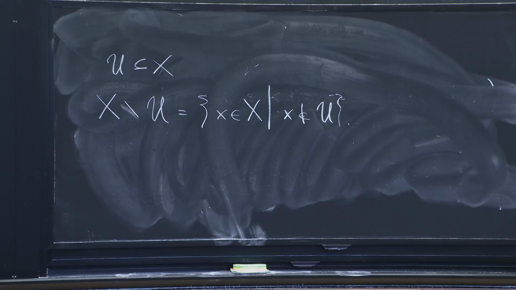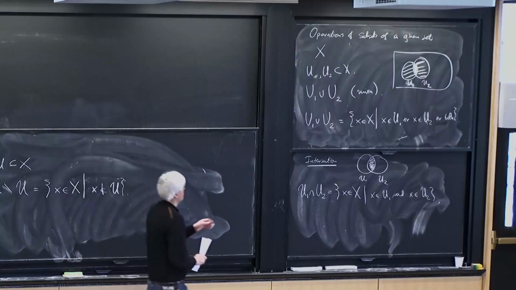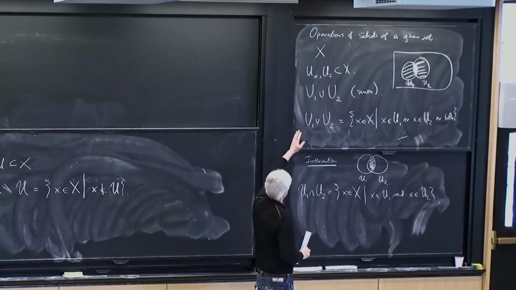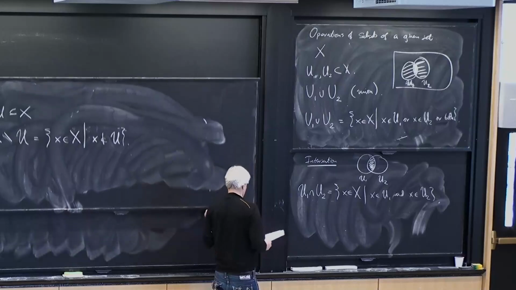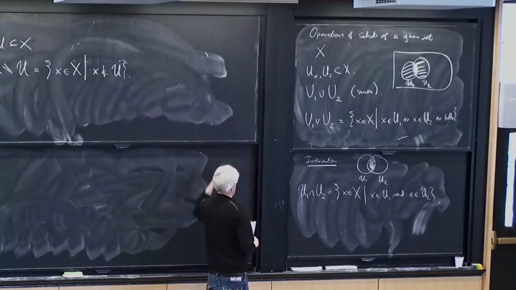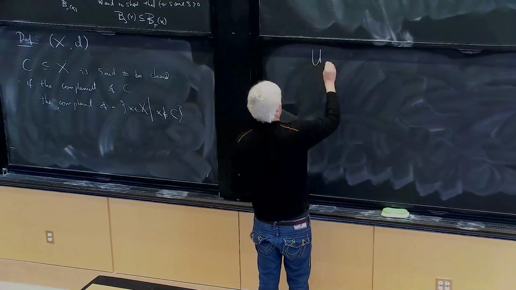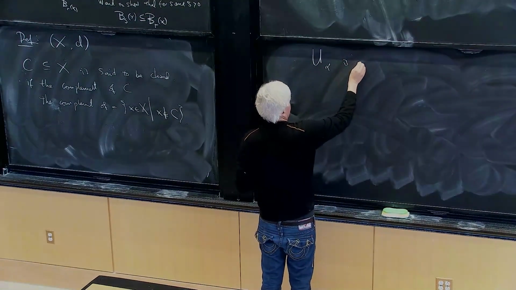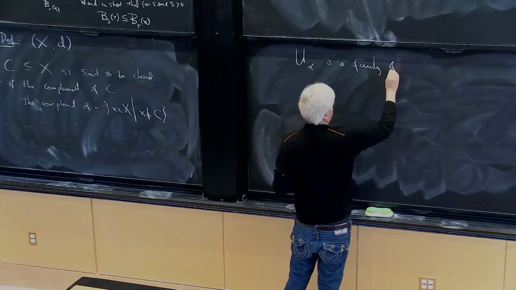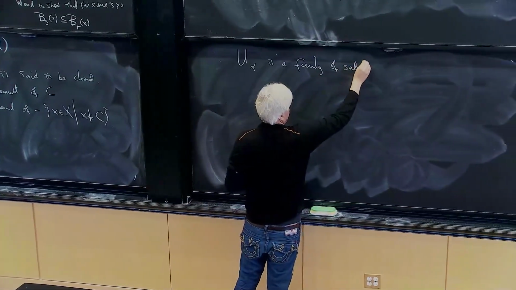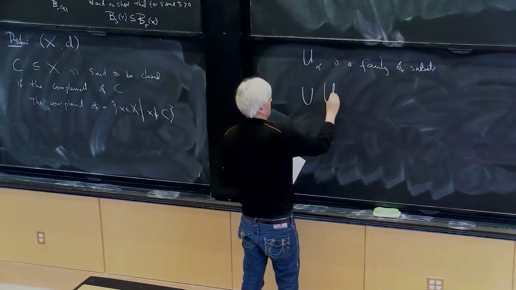And so now, that's the standard operations of sets. But there is a generalization of the union, where instead of just two sets, you could take potentially infinitely many sets. So if U alpha is a family of subsets, then you could look at the union of the U alpha.